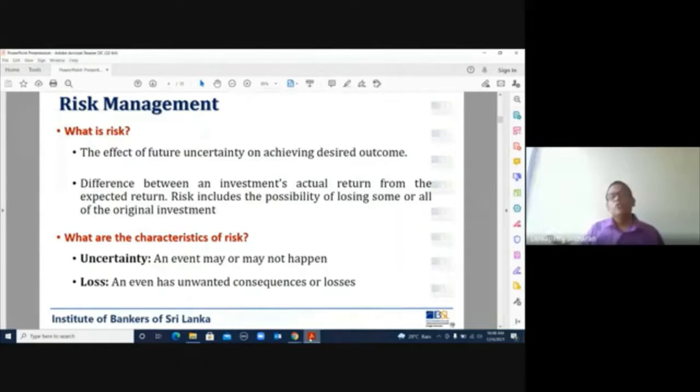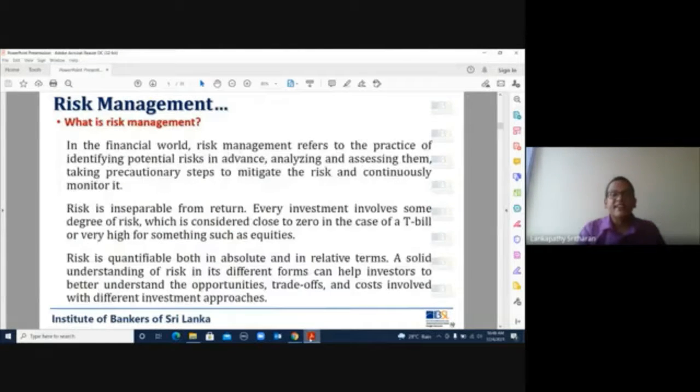We don't know what the direction will be in the future. The other one is loss: an event has the unwarranted consequences of losses. Those two characteristics should be there in the risk: uncertainty, and loss or adverse impact. Then that is called a risk.